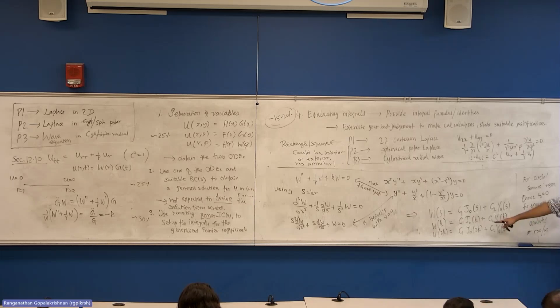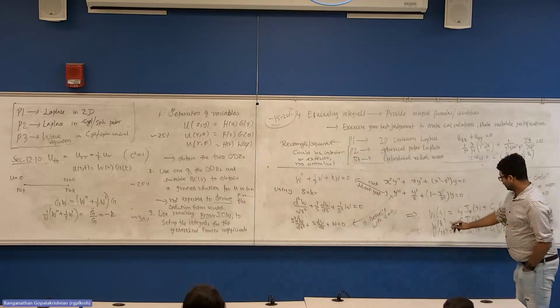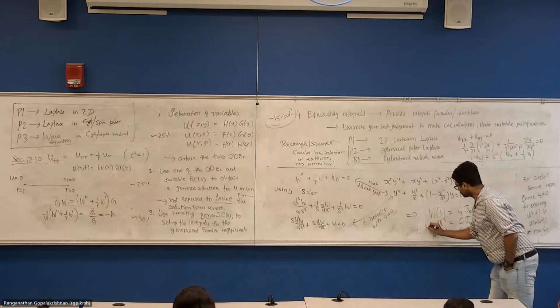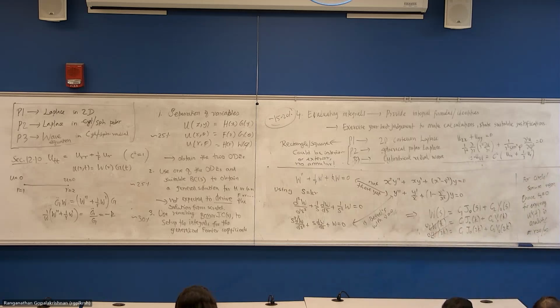Because to figure out what C1 and C2 are, you have to actually apply these boundary conditions, which let's see if anything simplifies. These two are given to be 0. Maybe not.